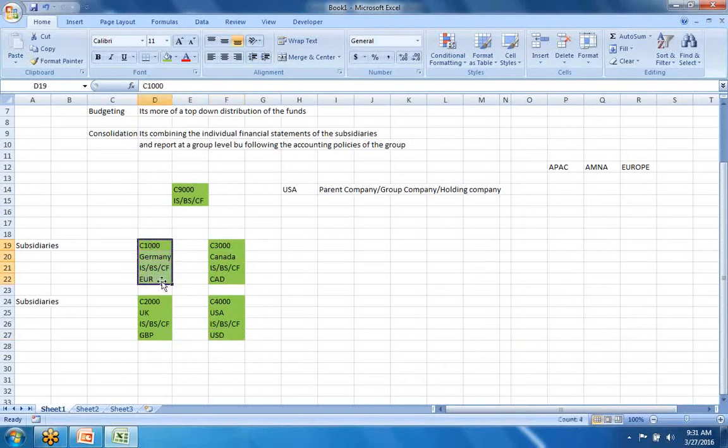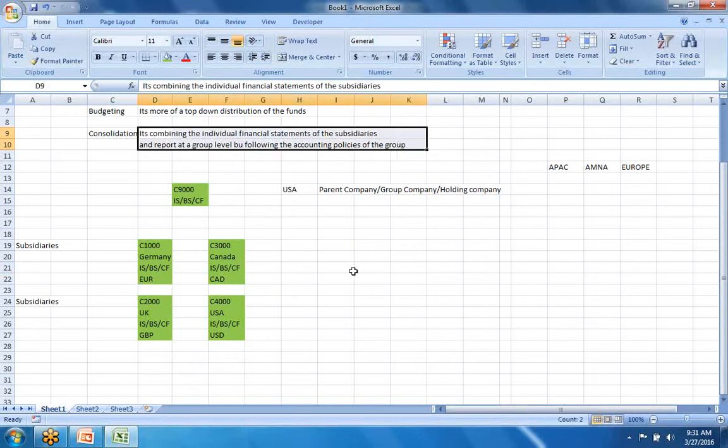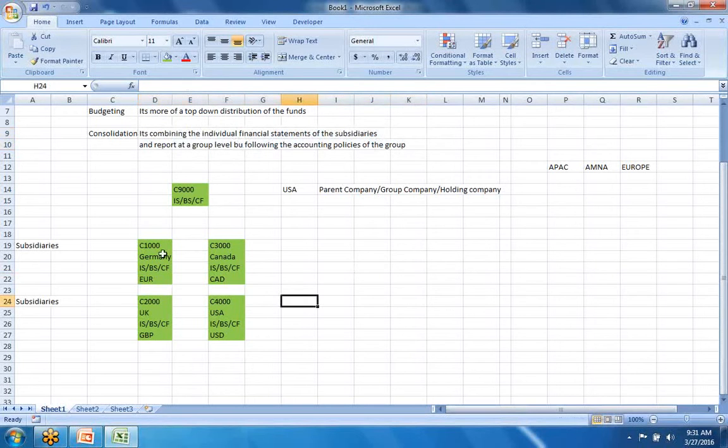And before I start the consolidation, the first thing is we need to convert the financial statements submitted in the local currency to the group currency. The group currency here is USD, so hence this needs to be converted. So the currency translation will take place before I start the further steps of the consolidation process.